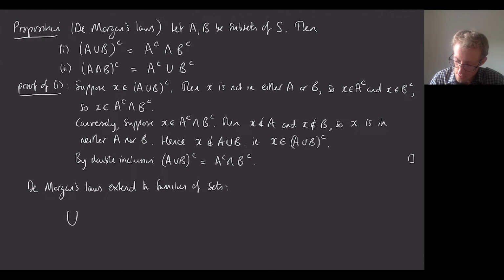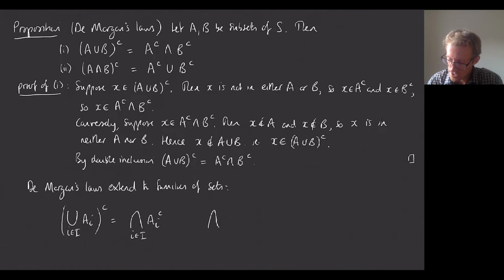So if I take a union of some A_i's, for i's in an indexing set, and then I take the complement of that set, that is the same as the intersection of the individual complements. And the other way around, if I have the intersection of all the A_i's and I take the complement of that, that is the same as the union of the individual complements.